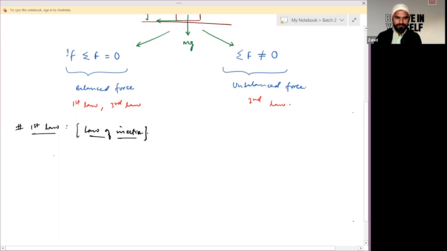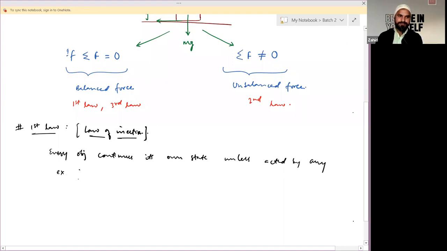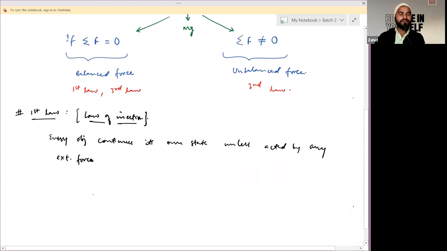So we can say every object continues its own state unless acted by any external force. So this is also termed as law of inertia.